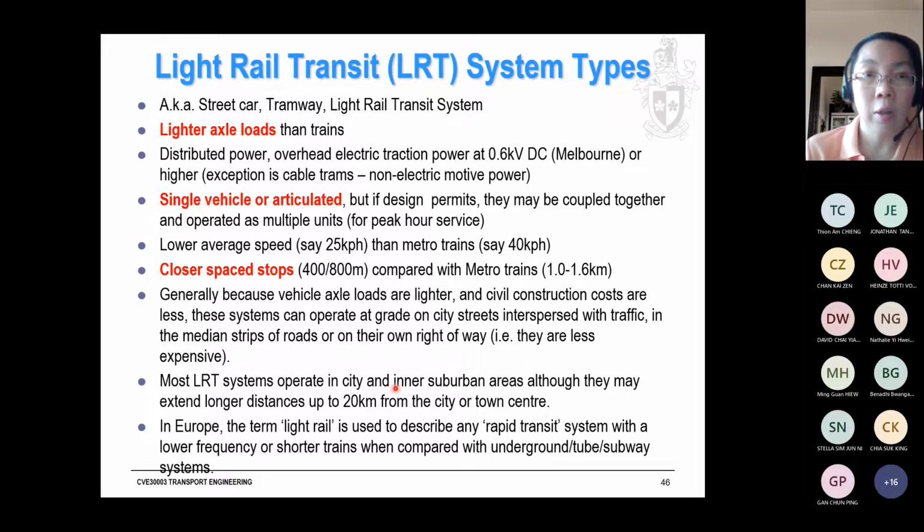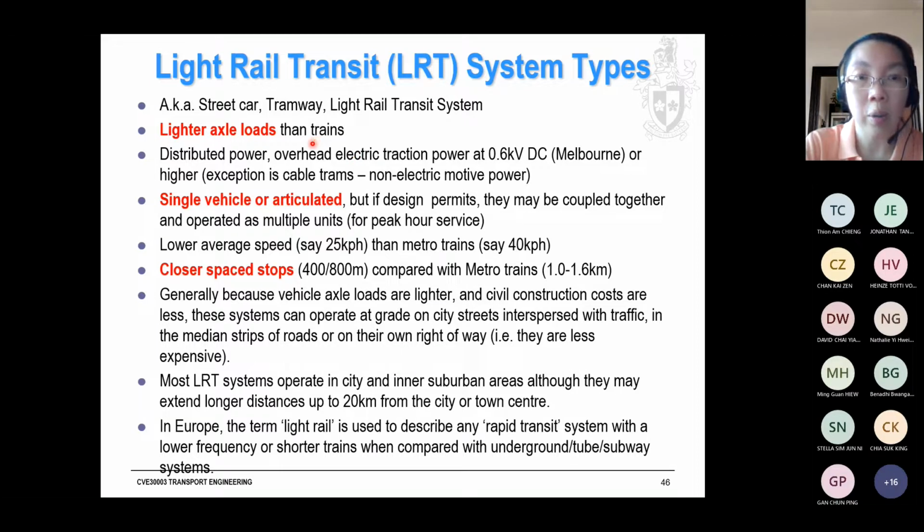Okay, and for the last passenger rail system, we have light rail transit, LRT, also known as streetcar, sometimes tramway. What differentiates this type of system is that it has lighter axle loads than the trains that we have seen so far.